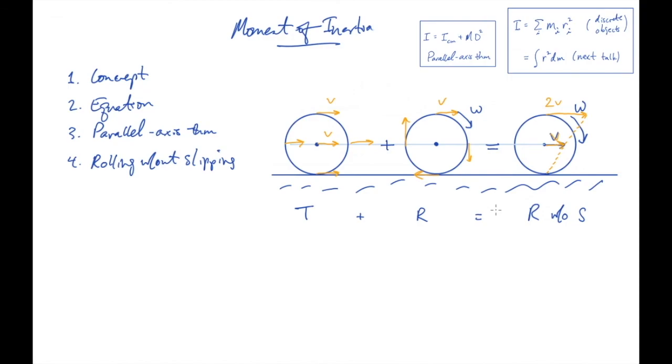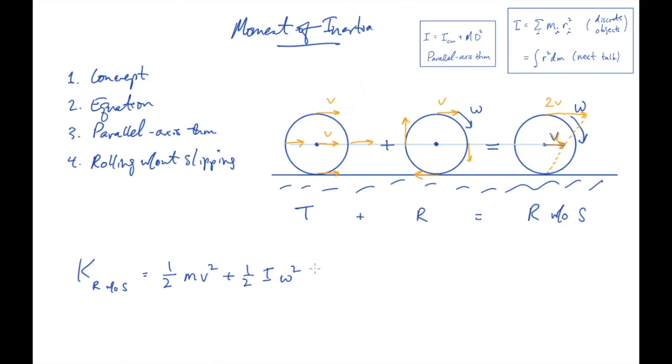And that means if I want to write the kinetic energy of something that is rolling without slipping, I can write it this way. The kinetic energy of something rolling without slipping is the kinetic energy of the thing translating without rotating plus the kinetic energy of it rotating without translating.